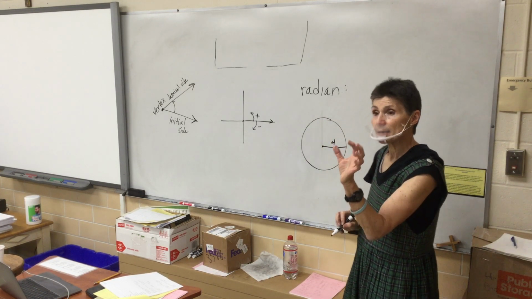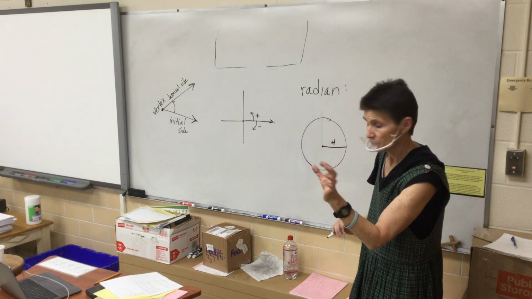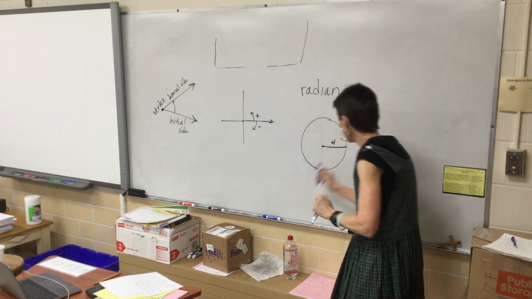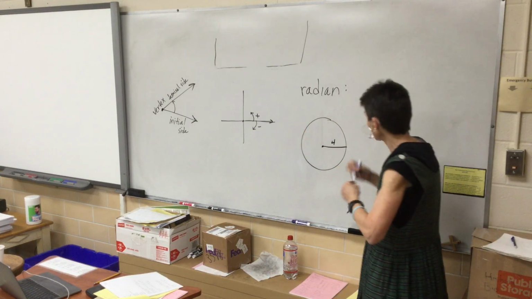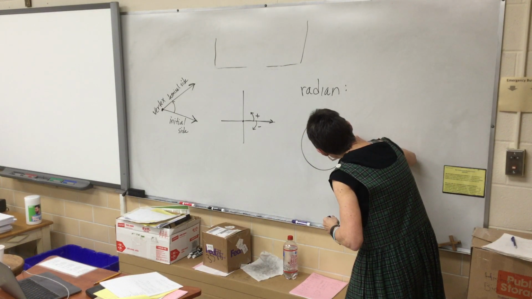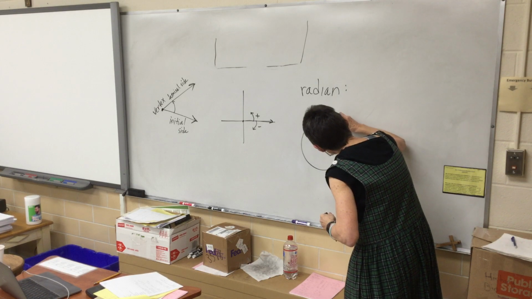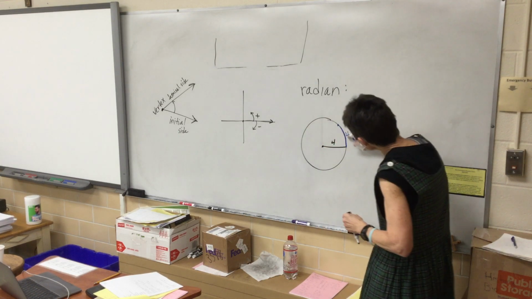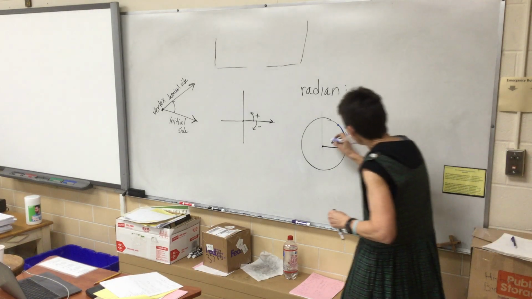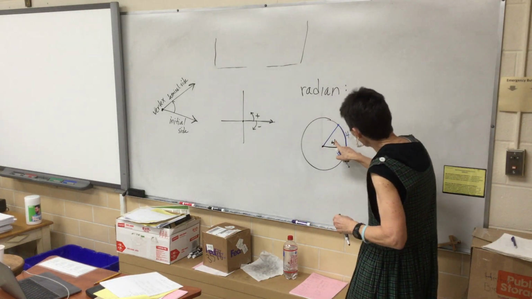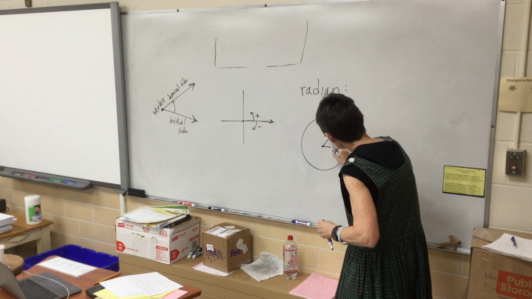If I took a piece of string of radius length, so 4 units long, and wrapped it around the circle like this, so this is my piece of string that's 4 units long, the same as the radius, that is 1 radian.